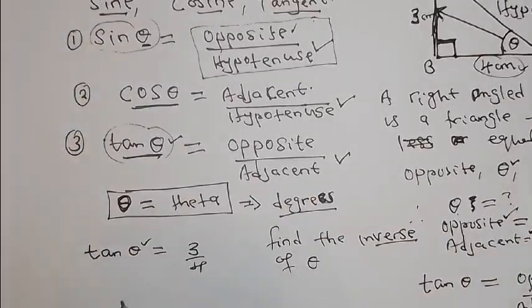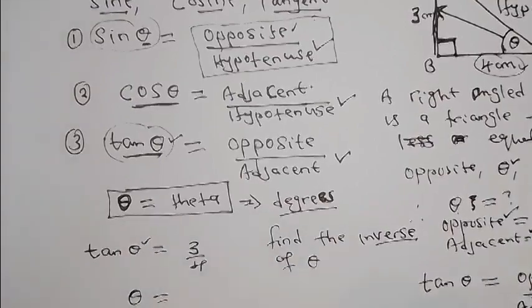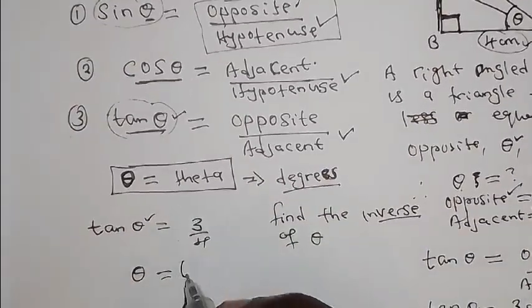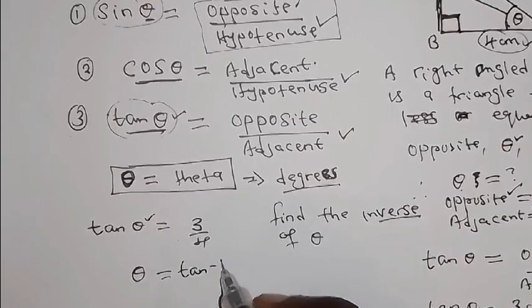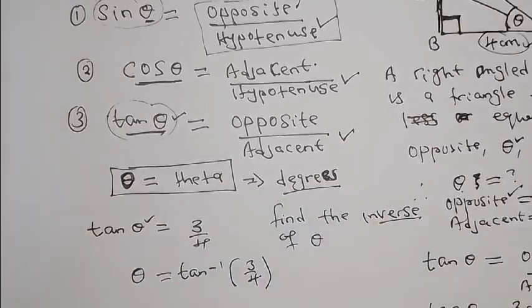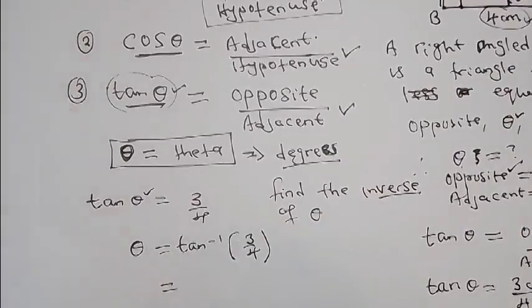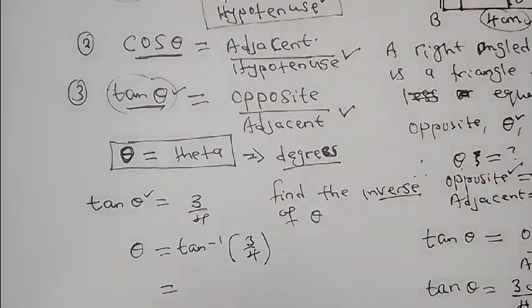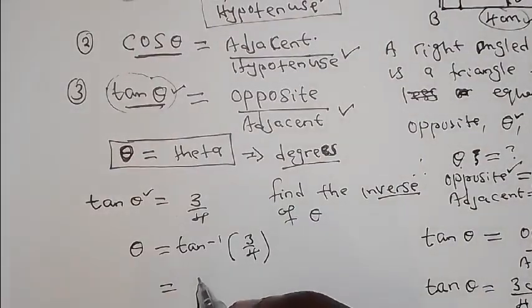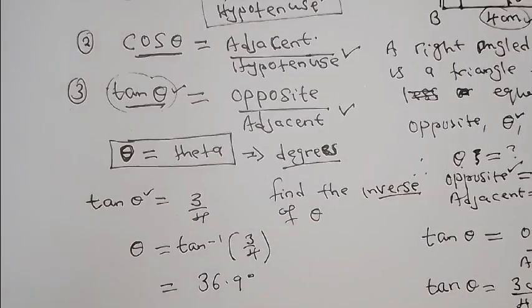So theta will be equal to tan inverse of 3/4. When you punch it on your calculator, you discover that it gives you 36.9 degrees.